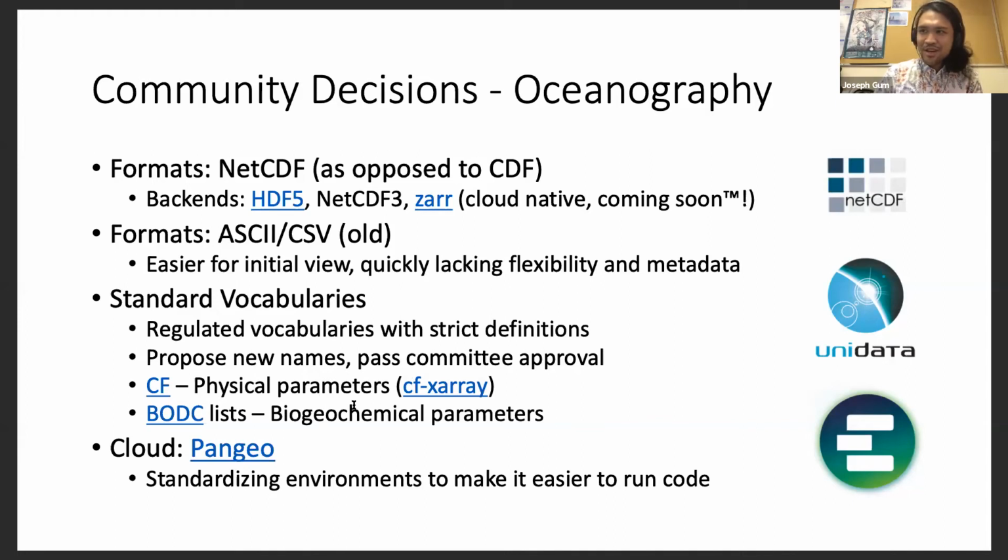Generally for physical parameters, and if you are using Xarray, there's a nice package made by Deepak called CF Xarray for this. There are the BODC lists out of the UK, which cover biogeochemical parameters and a lot more.